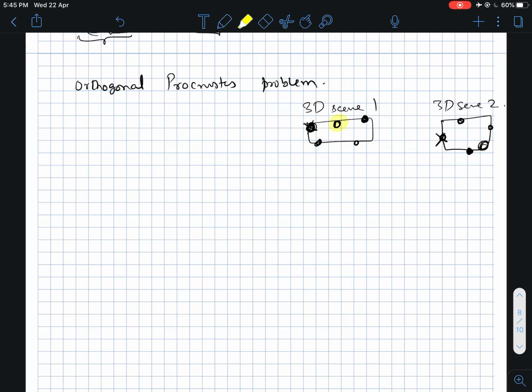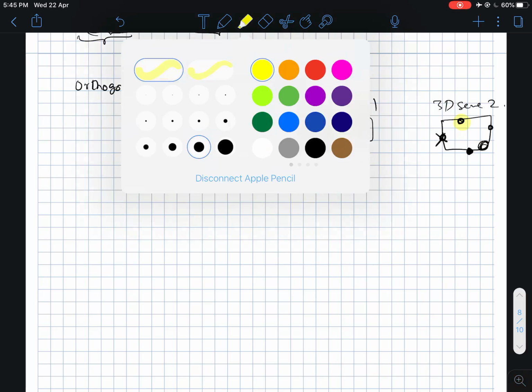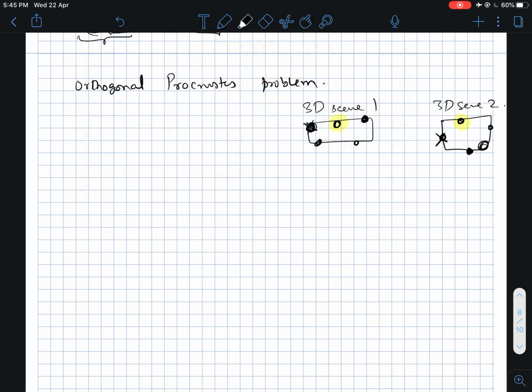This point corresponds to this point, and some other point here corresponds to some other point here. But I only know this mapping for a few points. I don't know it for all points, and that's reasonable to expect.